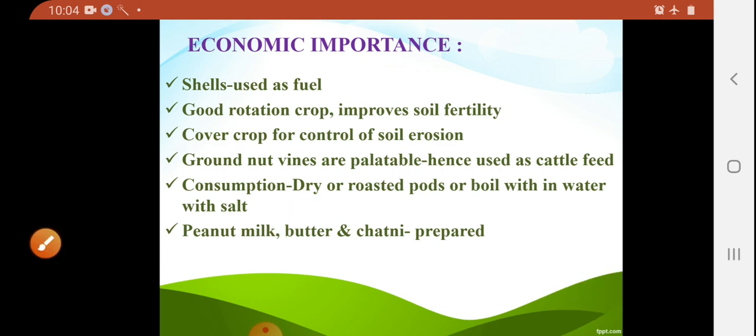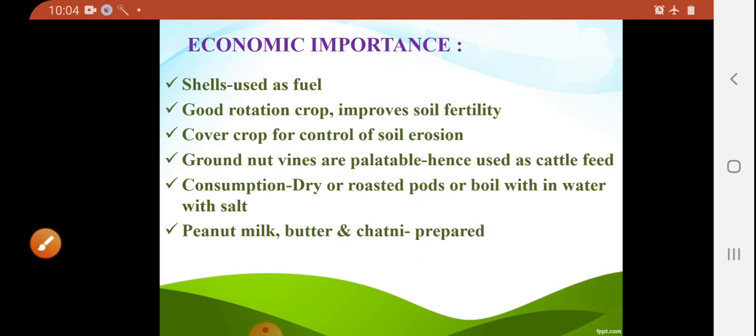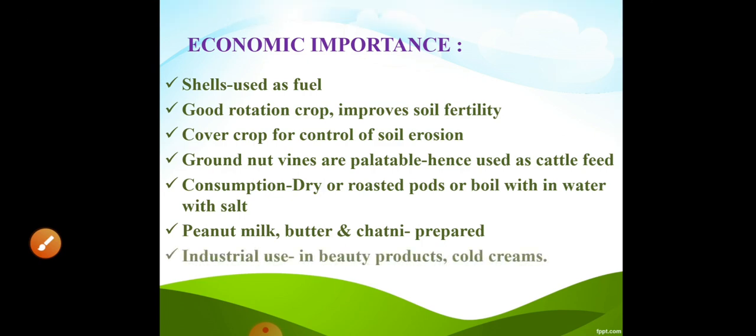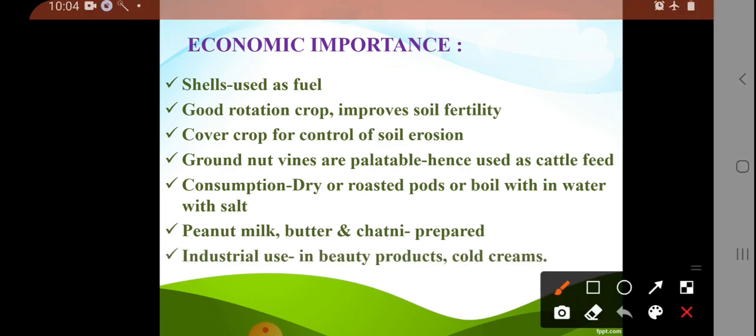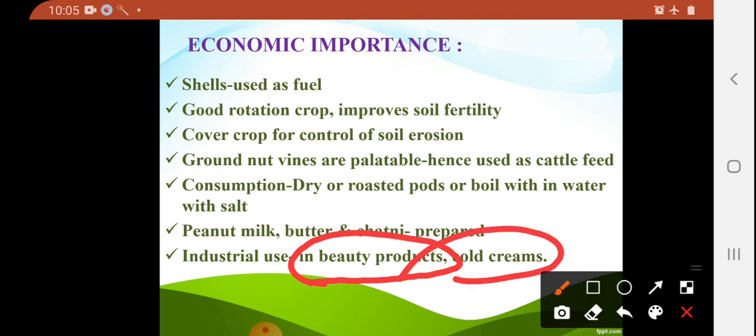And a local value added product used in daily consumption is chutney. So chutney is also prepared from this groundnut. If we think about its industrial uses, mostly oil from this groundnut is used in preparation of various beauty products and in cold creams also.